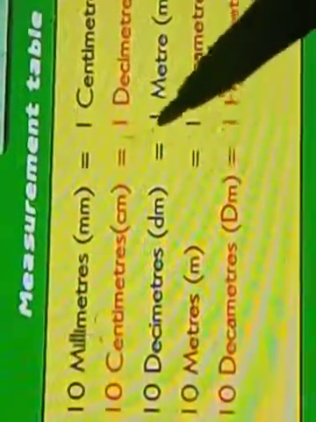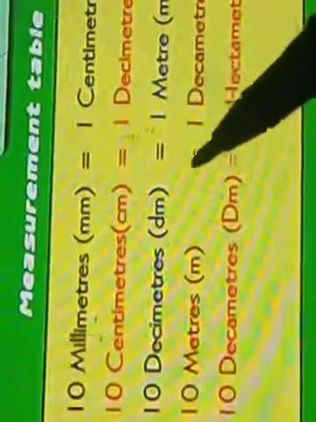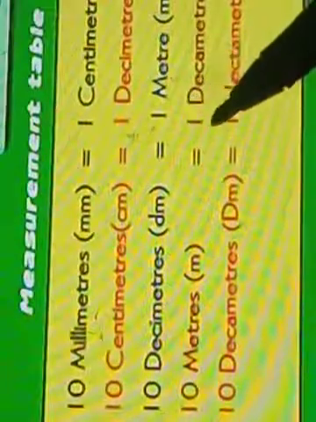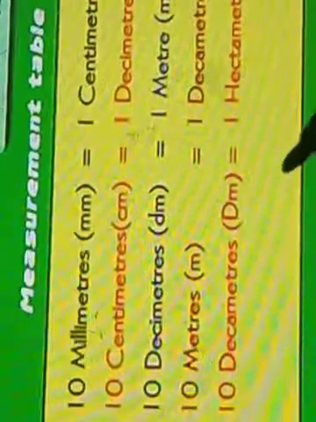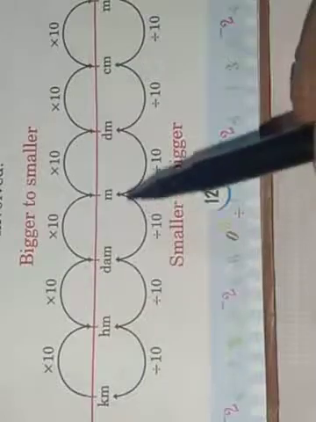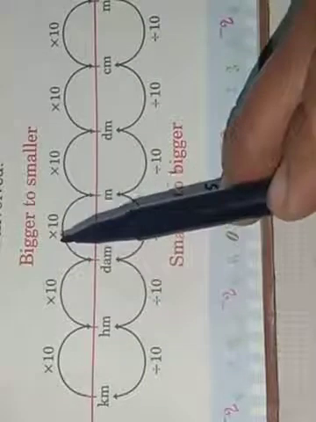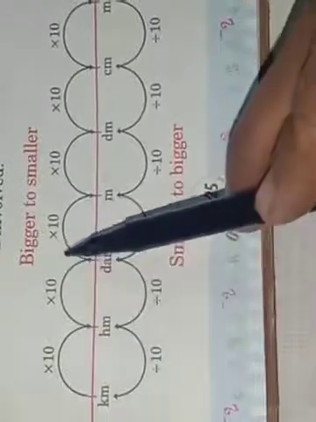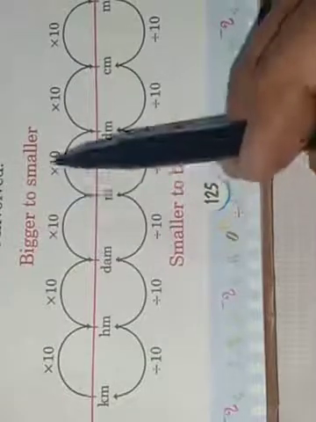Now let us learn conversion of metric measurements. We will convert from higher to lower unit and then from lower to higher unit. Okay. Now look at this carefully. For converting a bigger unit to a smaller unit, we multiply the bigger unit by 10 or by a multiple of 10 depending upon the units involved.